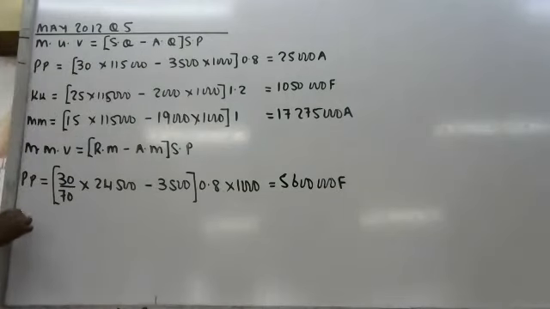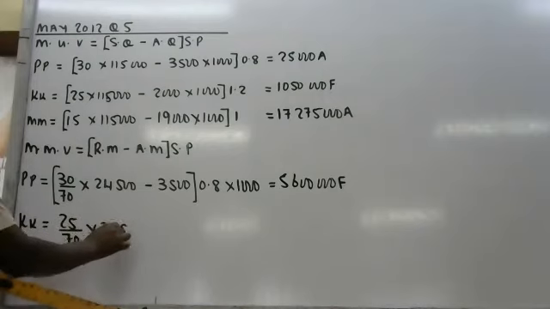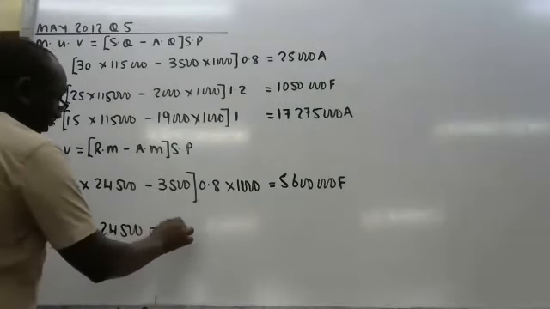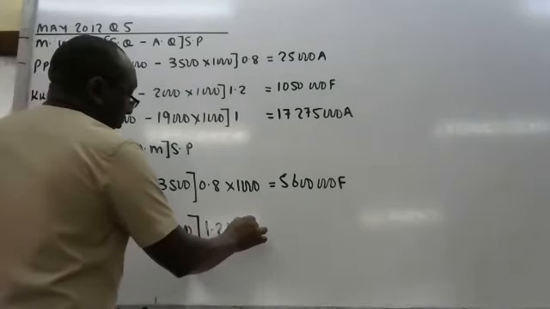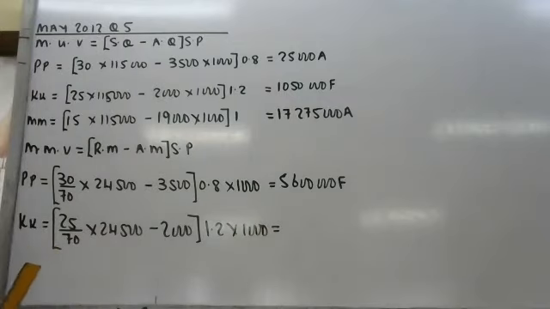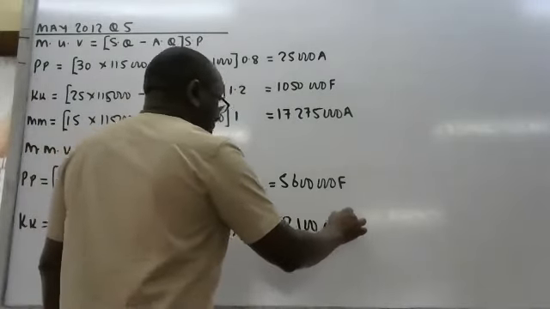Let's go to KK. KK was supposed to bring 25 in a total of 70 times 24,500, minus it brought 2,000, times 1.2 times 1,000. That gives 8.1 million, favorable.